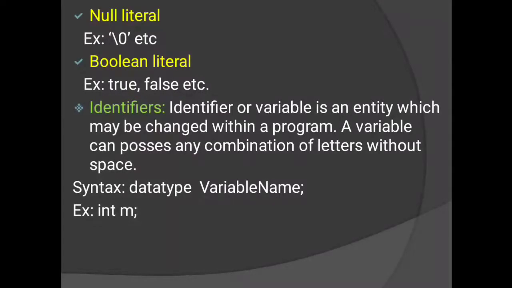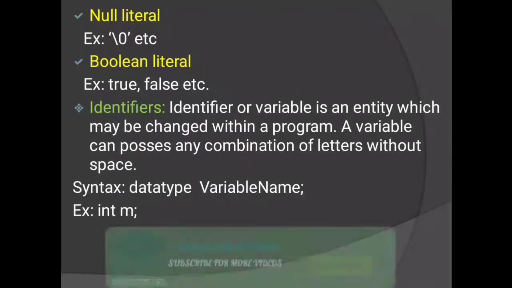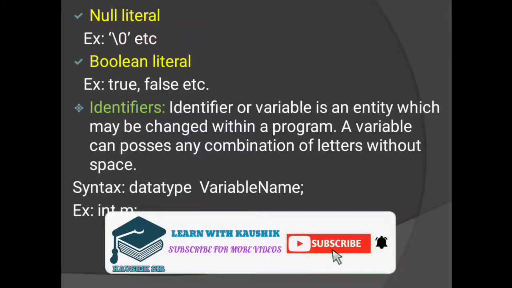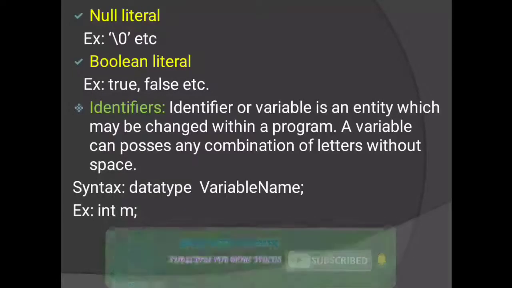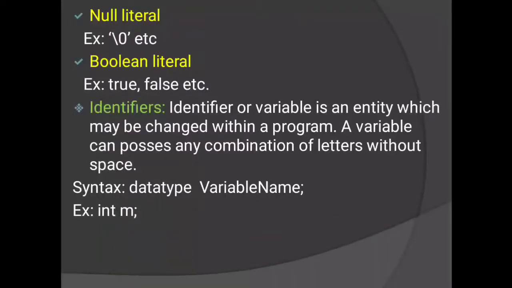Okay, next is identifier or variable. A variable is an entity which may be changed within a program. It means when we need to change the value of a variable, we can change it in any place or in between the program. A variable can possess any combination of letters without space.